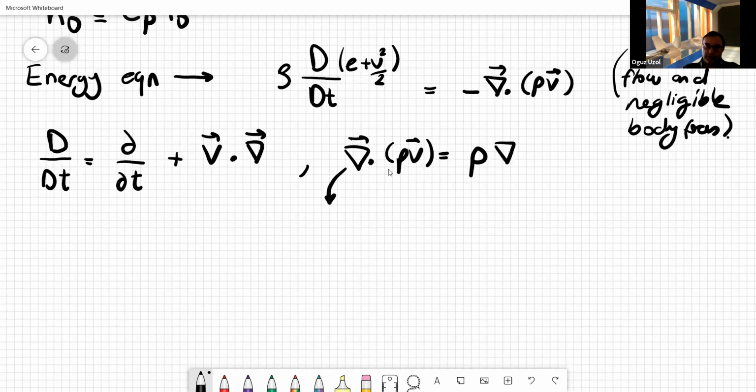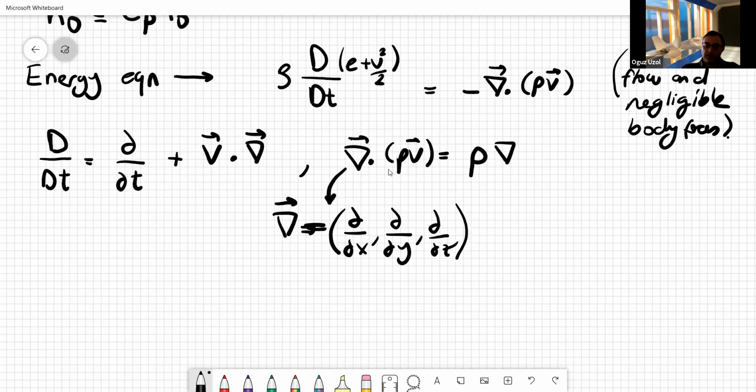By the way, what is this strange looking reversed triangle that I've been calling nabla? This is basically the gradient vector. It has three components: d/dx, d/dy, and d/dz. Just as a reminder. So I can rewrite this as p times nabla dot v plus v dot gradient of p.